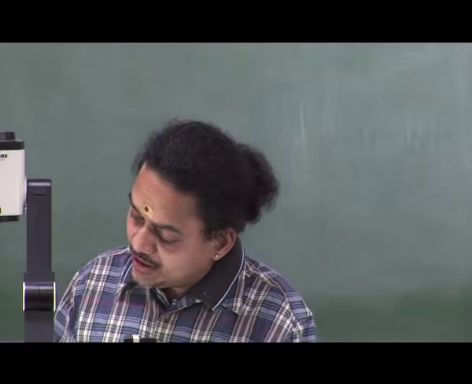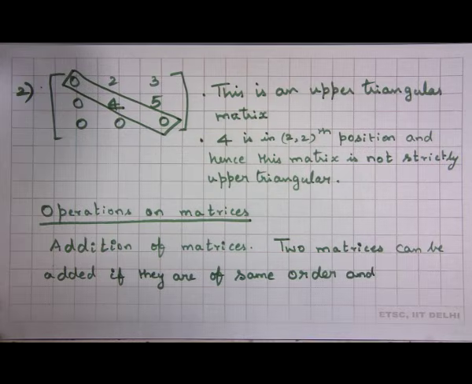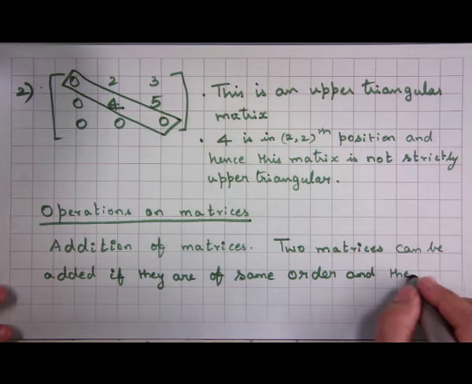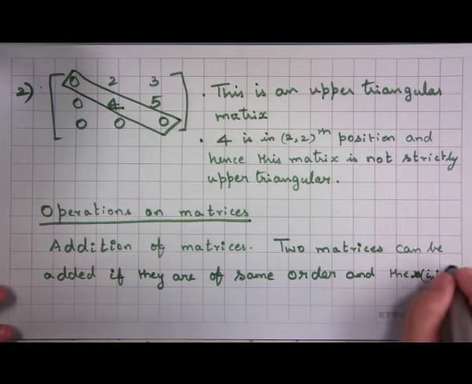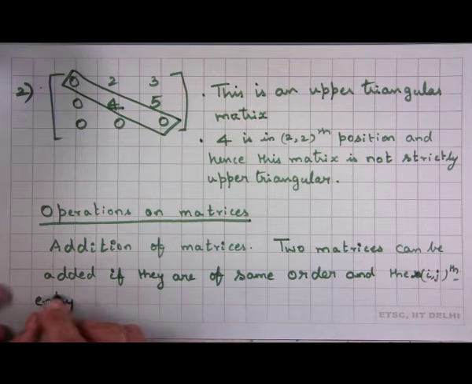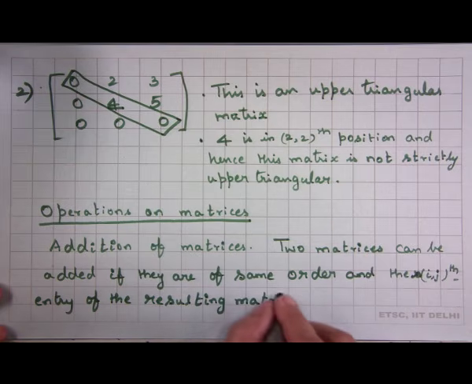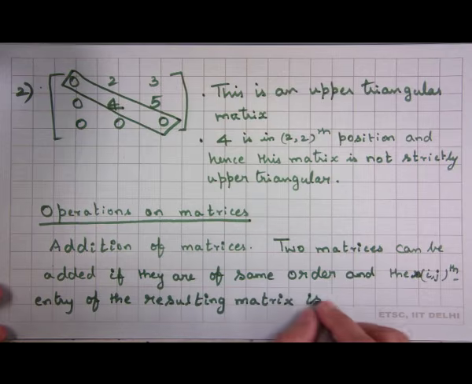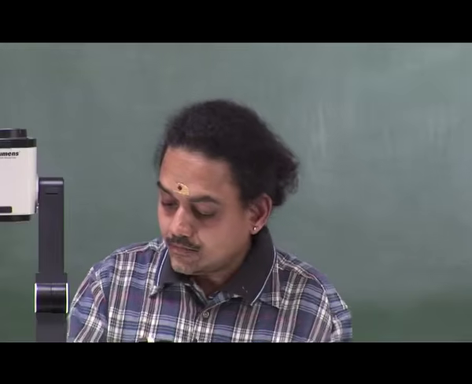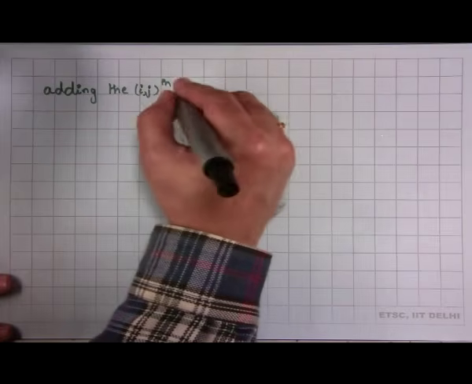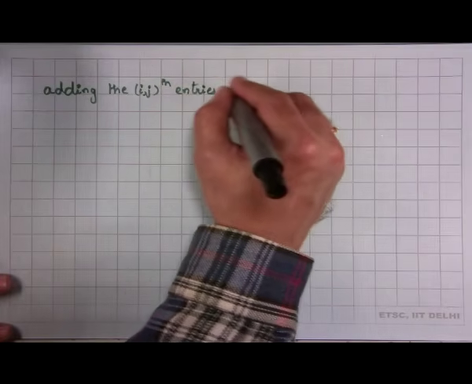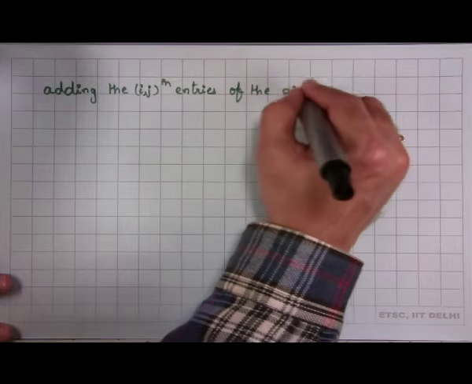If they are of the same order, then you can add them, and the ijth entry of the resulting matrix is obtained by adding the ijth entries of the given two matrices.